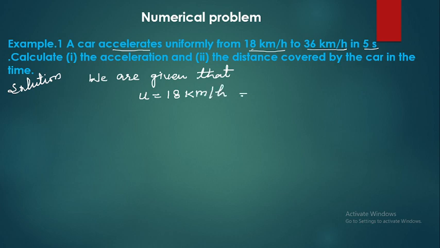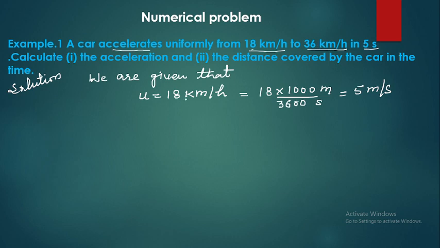We convert it to meter per second: 18 into 1000 upon 3600, which is 5 meter per second.